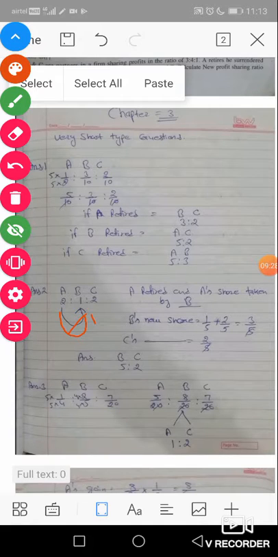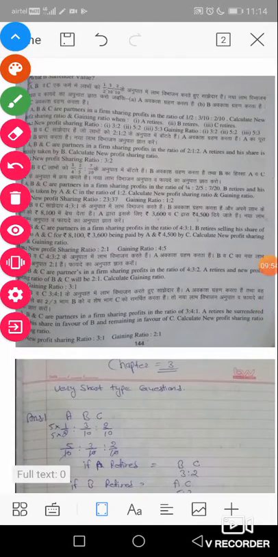So B's share is 1/5 his own and 2/5 of A's. So 1/5 plus 2/5 equals 3/5, and C's share stays 2/5. The 5 cancels, then 3:2. There was a mistake in writing. 3:2 is B's and C's new ratio. Now come to our next numerical.